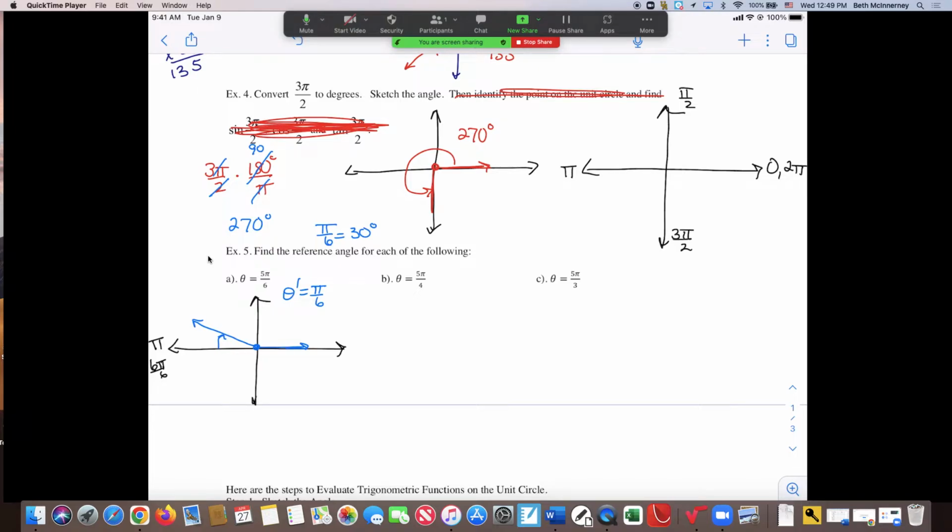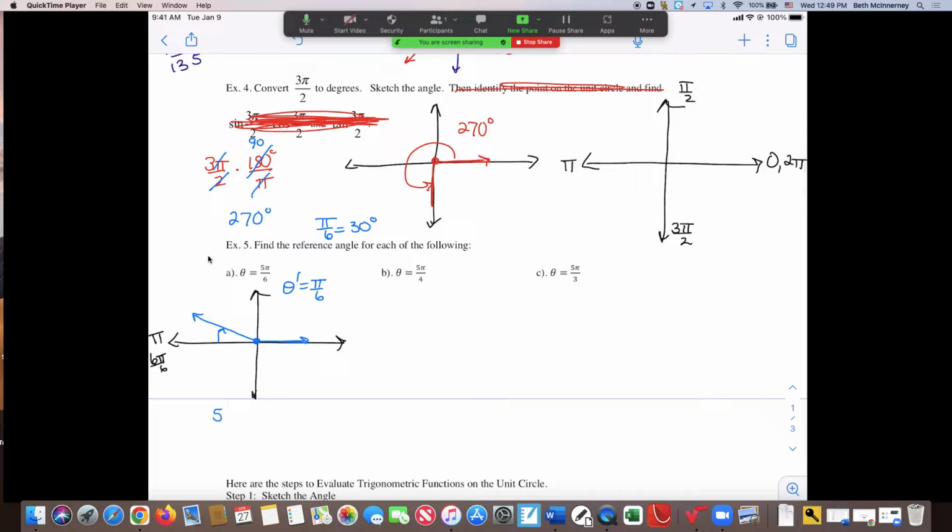The other option, which is way, way, way longer, is you could, in fact, convert 5 pi over 6. That would be 150 degrees. So it's 30 degrees away. And then you'd have to multiply by pi over 180.